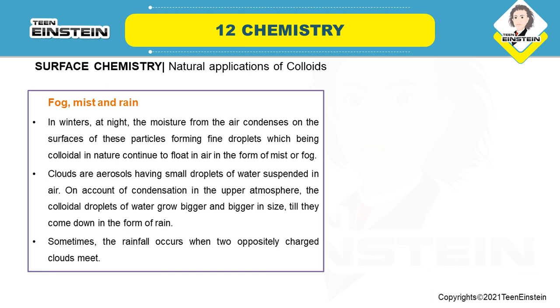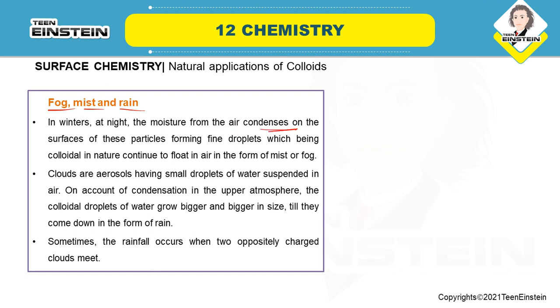Natural applications of colloids. Now we will see examples in day-to-day life in nature. Fog, mist and rain. All these are very common. Fog and mist basically we see in winter at night. What happens when temperature is very low? The moisture from the air condenses.